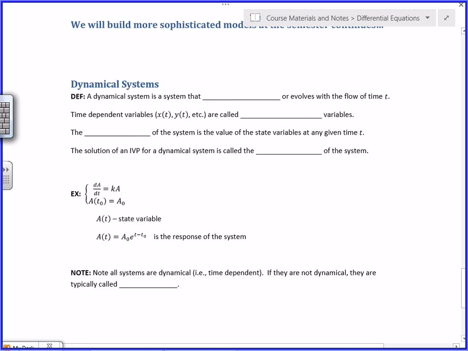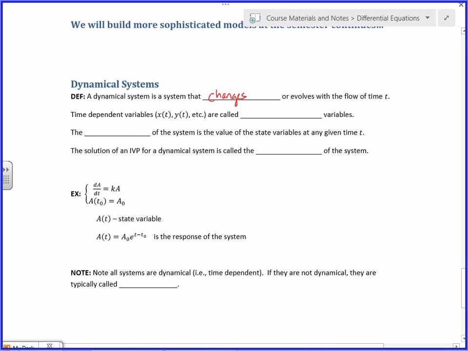Let me just introduce a term that's going to be used. You may see this in the book, and I just want you to be familiar with it. The term dynamical system is basically a system that depends on time. A dynamical system is a system that changes or evolves as time passes. In fact, dynamical systems is a common course you take as a graduate in engineering programs.